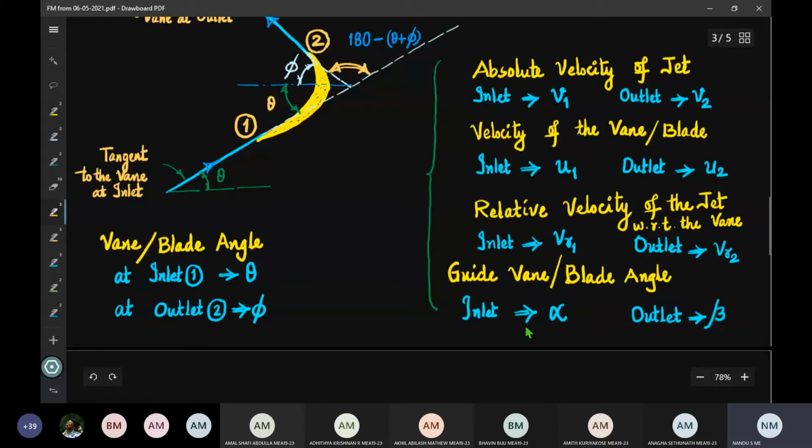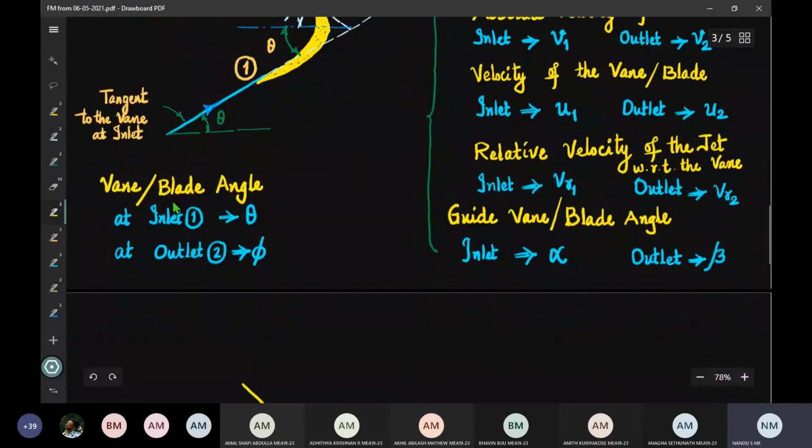So therefore, alpha is called the guide vane angle or guide blade angle at inlet. That is the inclination of the absolute velocity V1 at the inlet to the vane, or that is the angle at which the absolute velocity V1 must be guided so that the relative velocity of V1 and u1 is along this tangent.